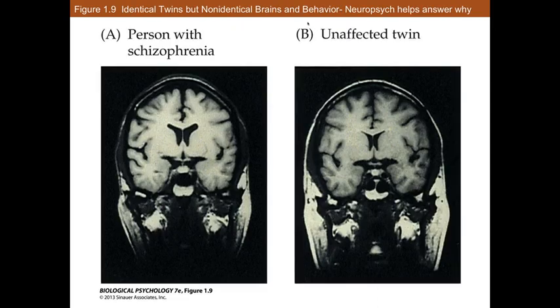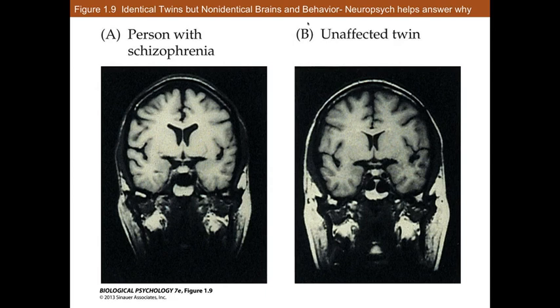So there are a lot of questions that can arise from observations. Some folks observed that in twin studies, in the identical twins who have schizophrenia, there are enlarged ventricles. And they also found that there's only a 50% concordance rate in identical twins, with one twin having schizophrenia or not.